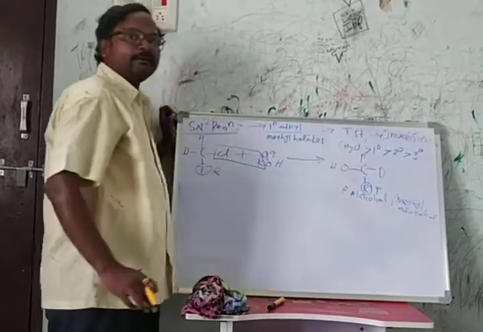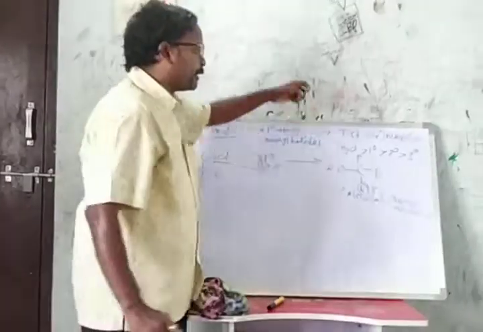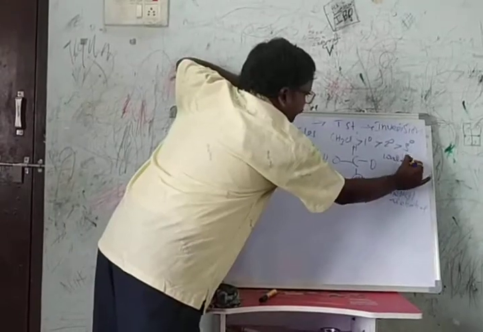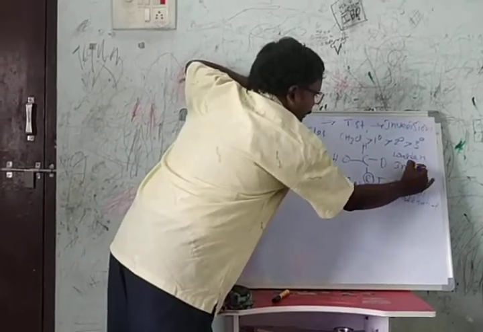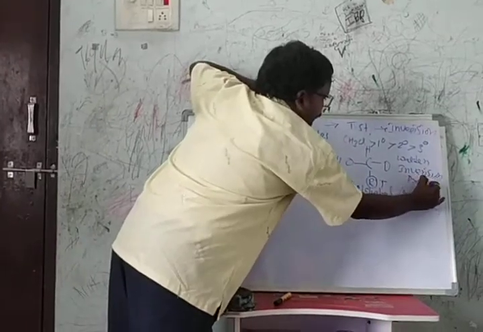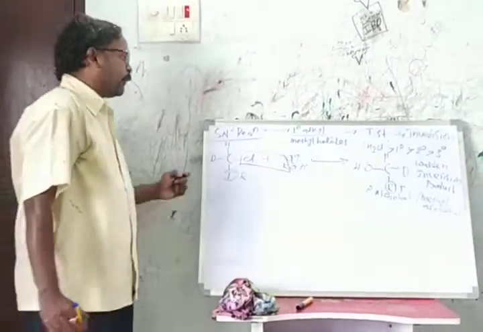This is called the inversion product, first explained by Walden, so we call it the Walden inversion product.